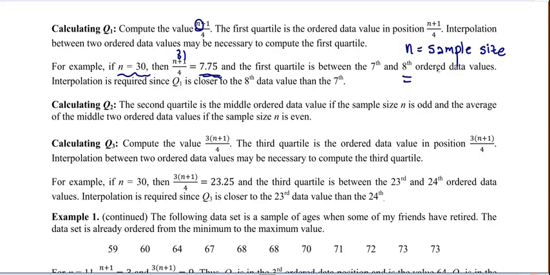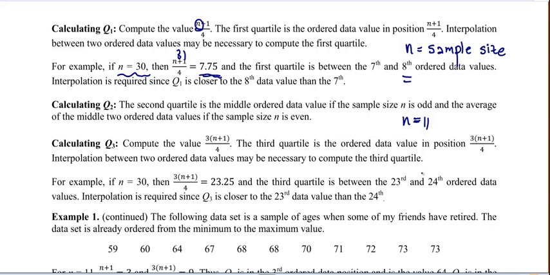The second quartile is the middle order data point. In the last example, n was equal to 11, and we just counted to the middle value. If it so happens that n is an even number, we're going to have to average the two middle numbers.